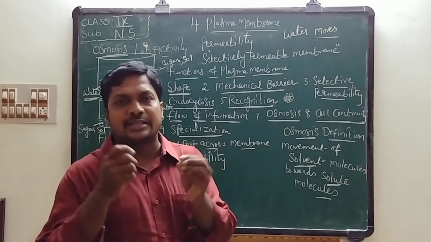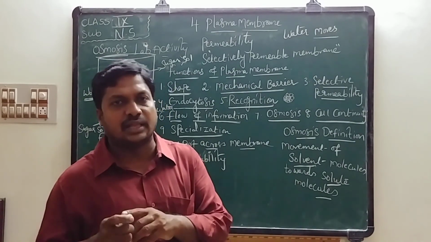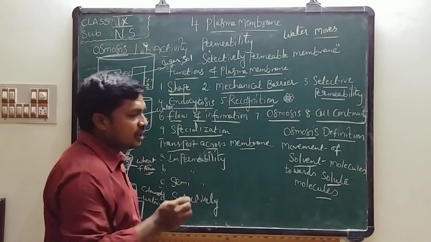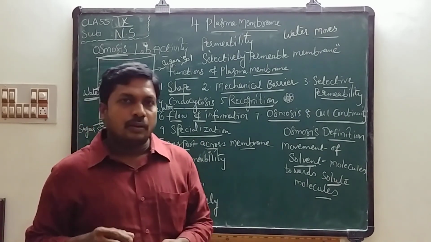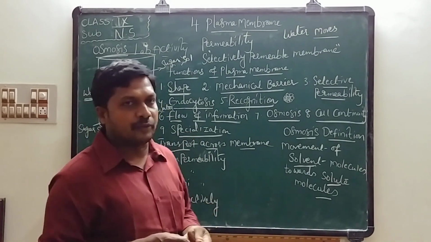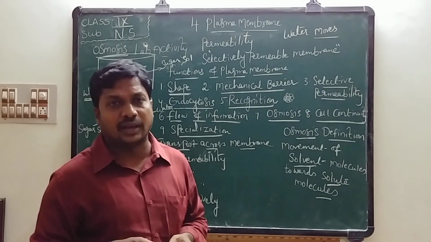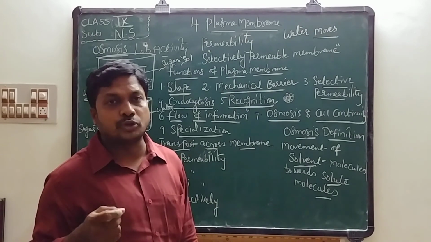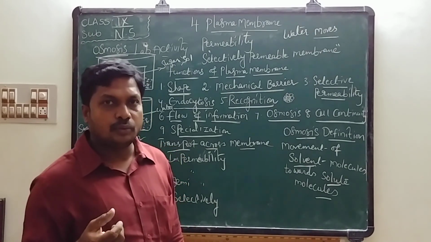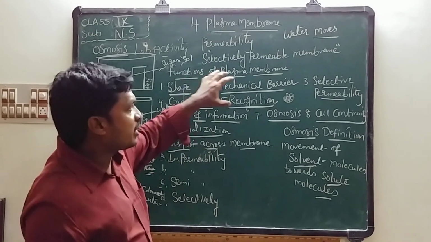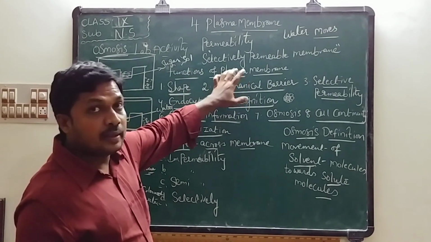With the help of plasmodesmata, one cell connects with another cell to form tissues. Next one is specialization. For example, microvilli help to absorb digested food. These are the special characters performed by plasma membrane.